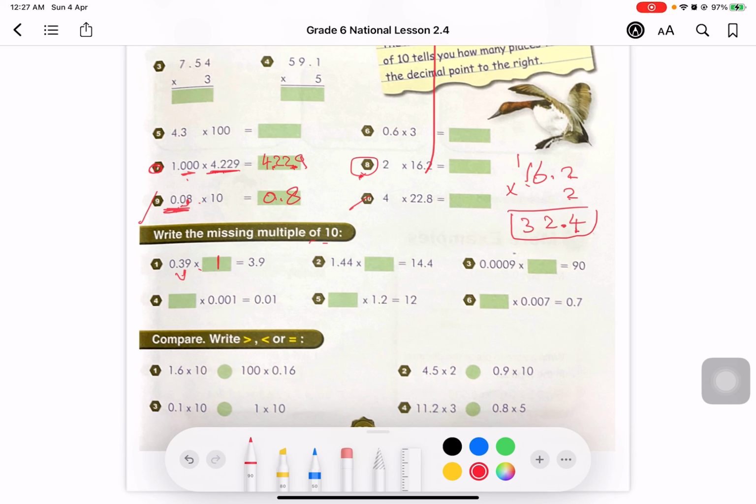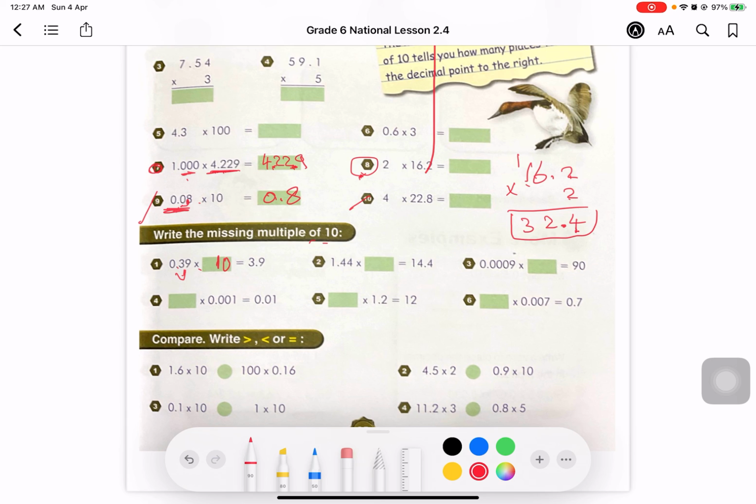By 1 you will get this one. But after moving the decimal 1 point, how did you move it? By multiplying by 10. You move your decimal from this place and it becomes between the 3 and 9. So you are multiplying by what? By 9.